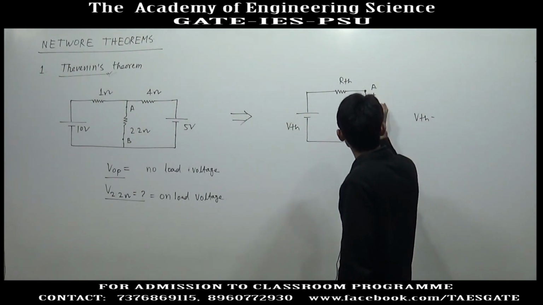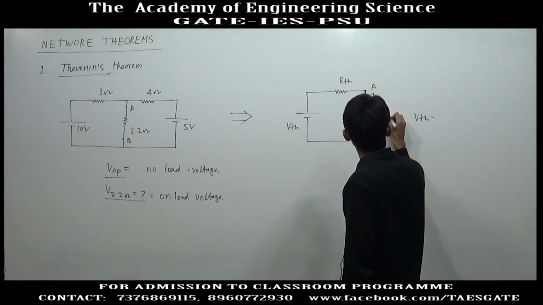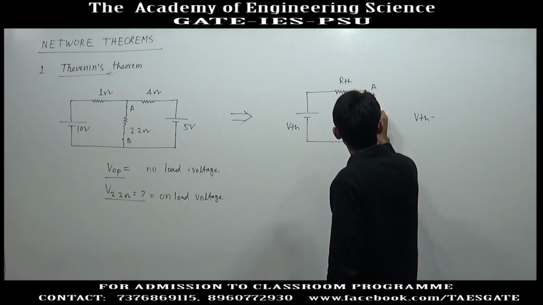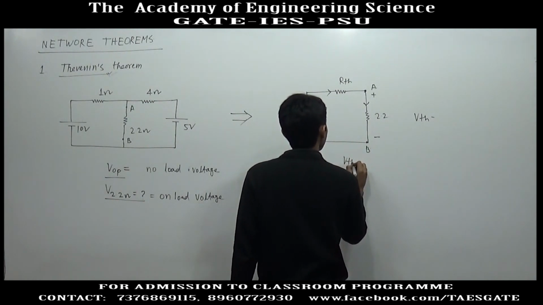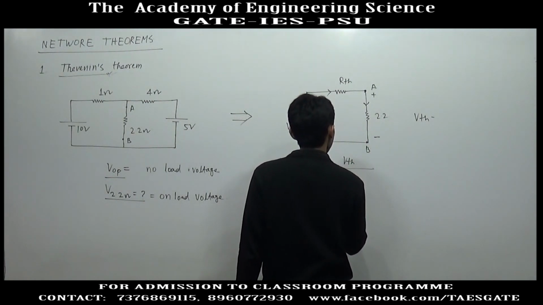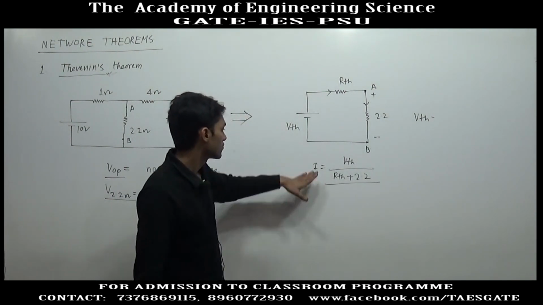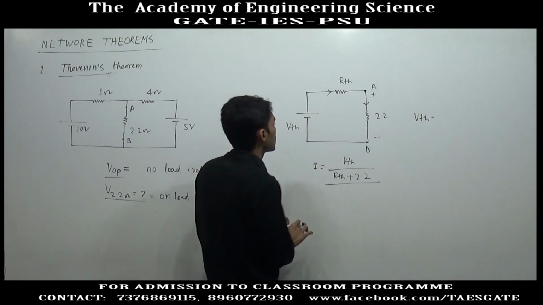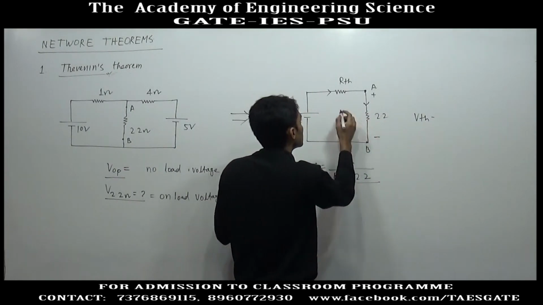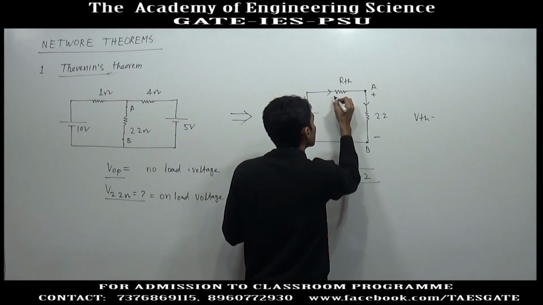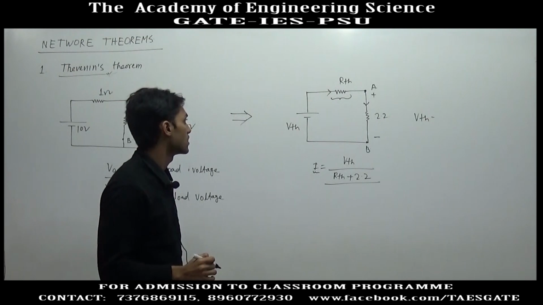Now if you connect a resistance here, let us say 2.2 ohm only, a current will flow, and the amount of current will be VTH divided by RTH plus 2.2 ohm. Whatever the value of current, it will be non-zero if a load resistance is connected, and if a current is flowing, there will be a voltage drop across the resistance RTH.